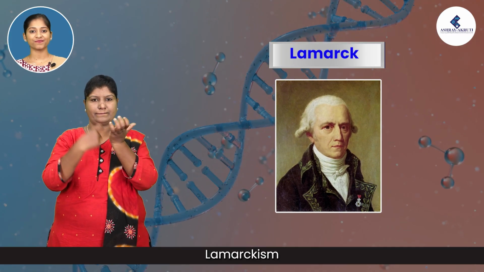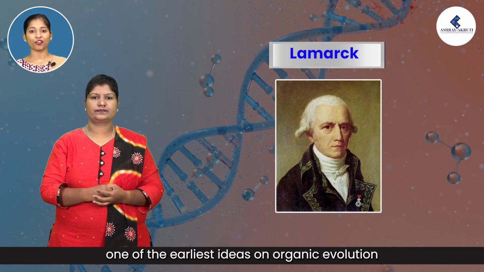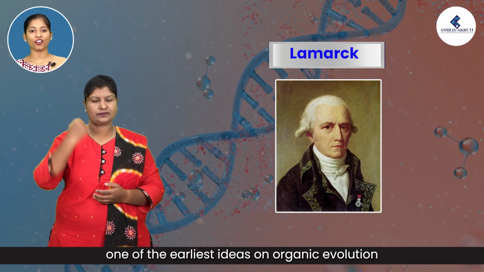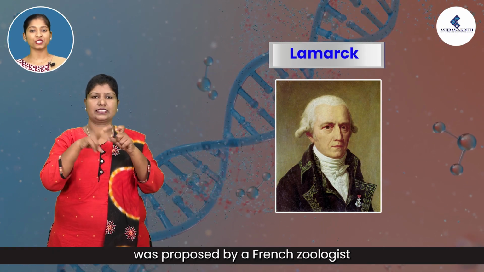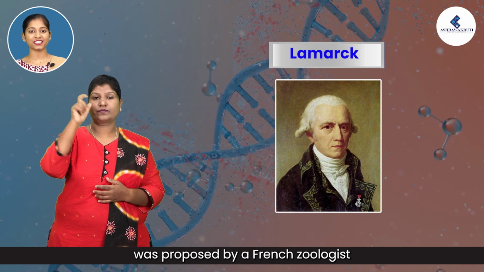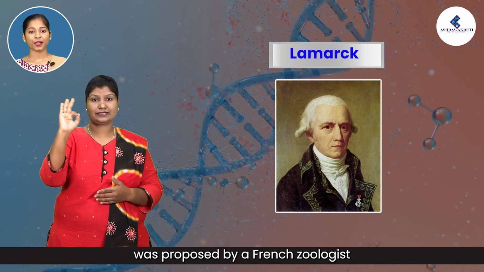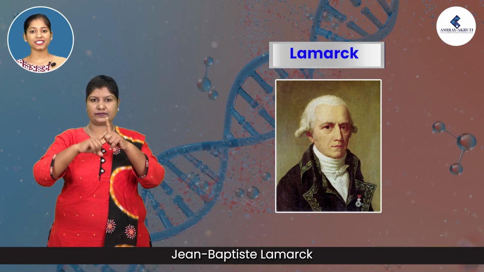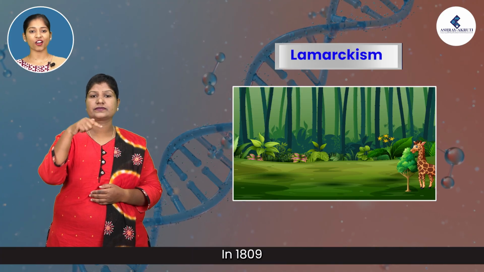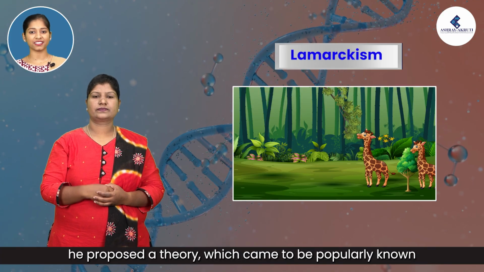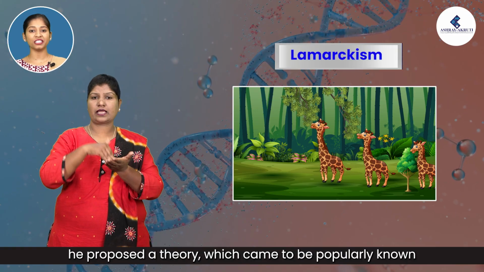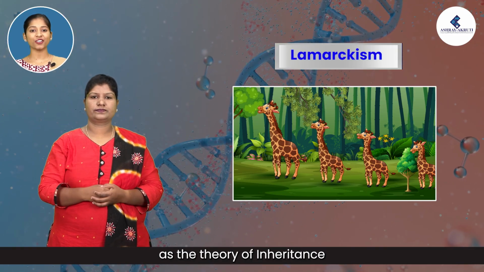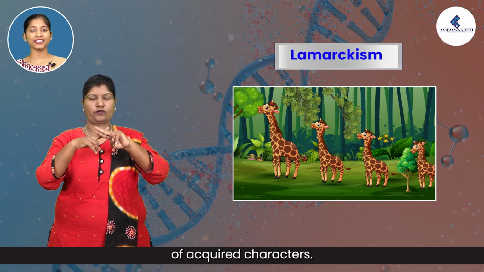Lamarckism. One of the earliest ideas on organic evolution was proposed by a French zoologist by the name of Jean-Baptiste Lamarck. In 1809, he proposed a theory which came to be popularly known as the theory of inheritance of acquired characters.